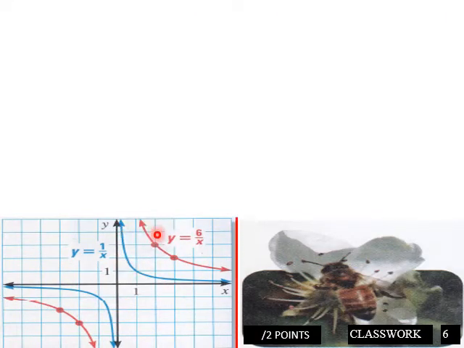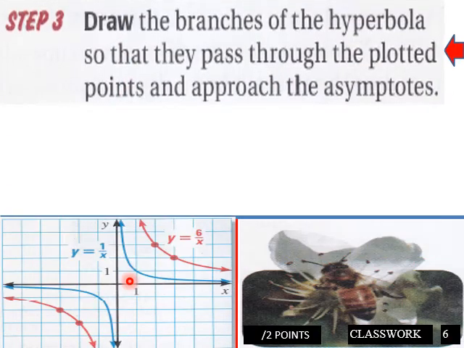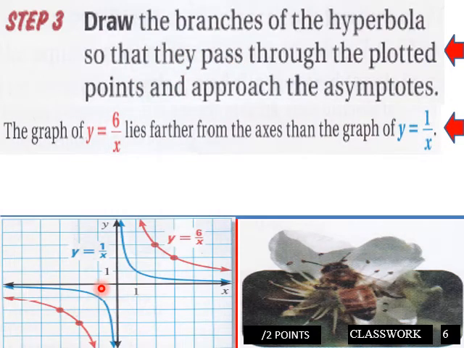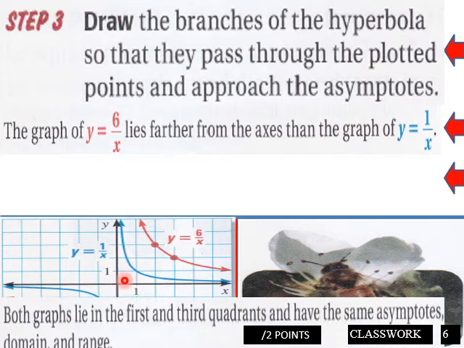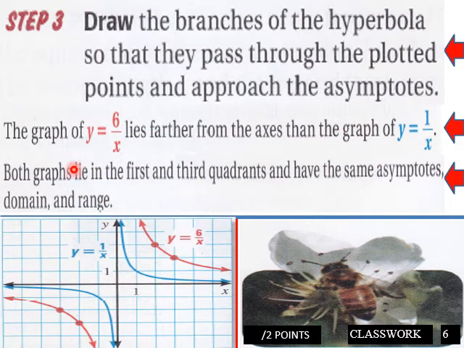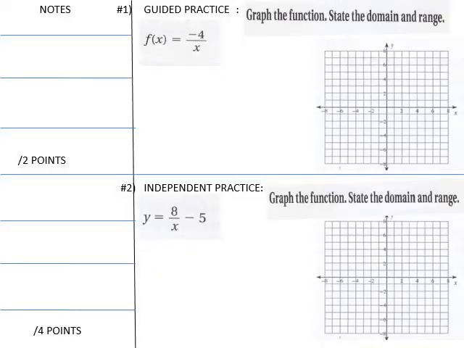Here's our parent. Here's the one that we're graphing here. So draw the branches of the hyperbola so that they pass through the plotted points and approach the asymptotes. Graph of y equals 6 over x lies farther from the axis than the graph of y equals 1 over x. Both graphs lie in the first and third quadrants and have the same asymptotes, domain, and range.